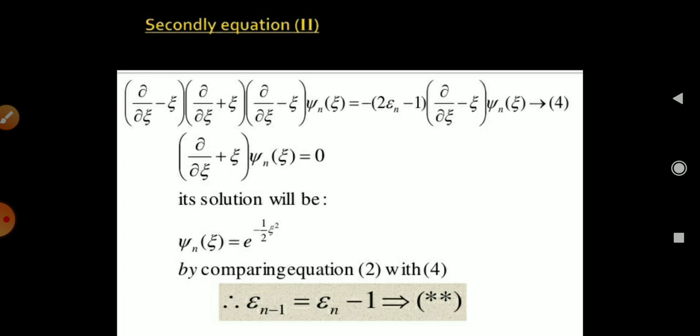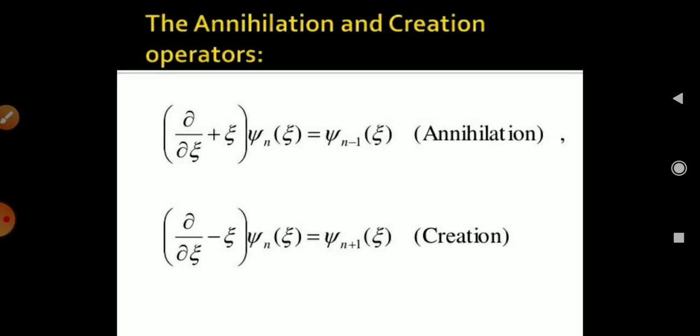So its solution will be psi n(epsilon) equals e raised to the power minus 1 by 2 epsilon square. And by comparing equations 2 and 4, we will get epsilon n minus 1 equals epsilon n minus 1.